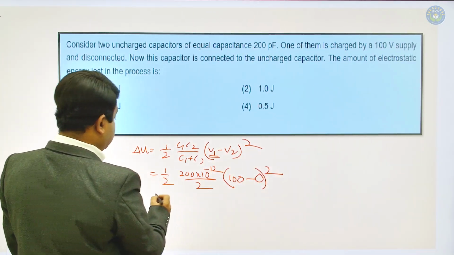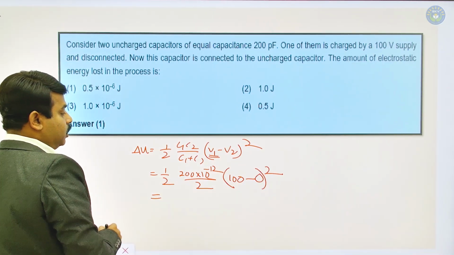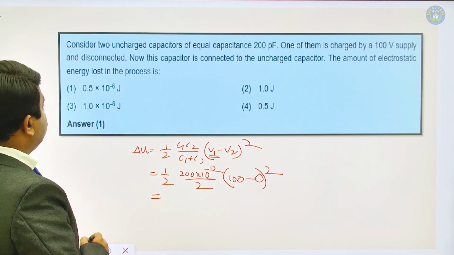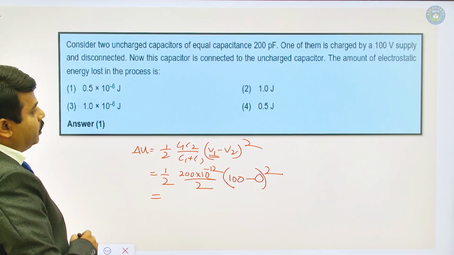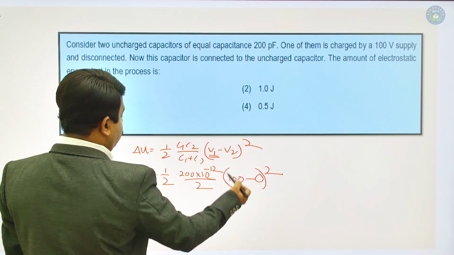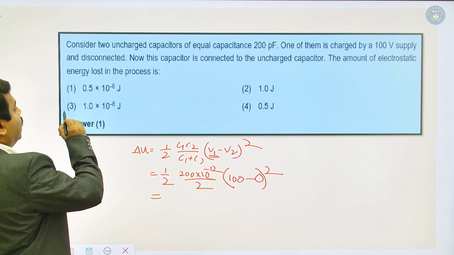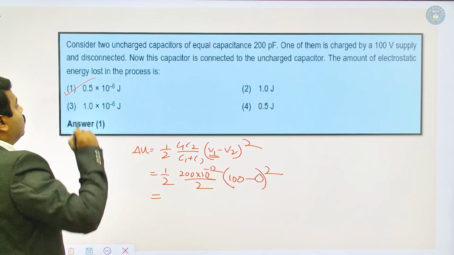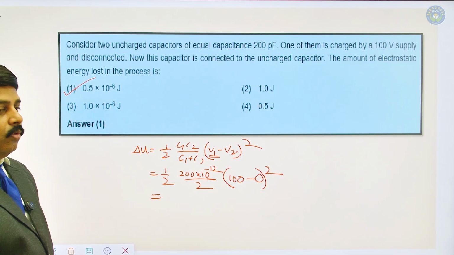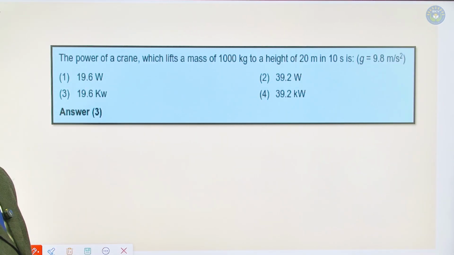Then the 2 cancels, then 1 by 2, that is 0.5, 0.5 into 10 raised to minus 6, right? Here 10 raised to minus 12, 10 raised to 4 from the square of 100, so 10 raised to minus 6 only, right? Then option 1 is correct, right?